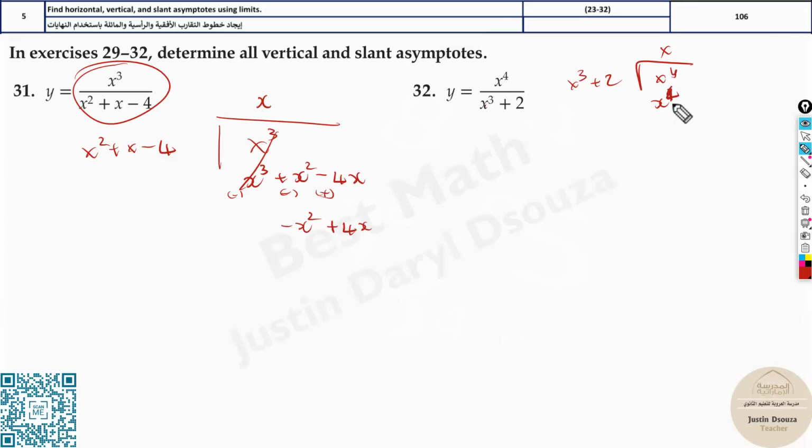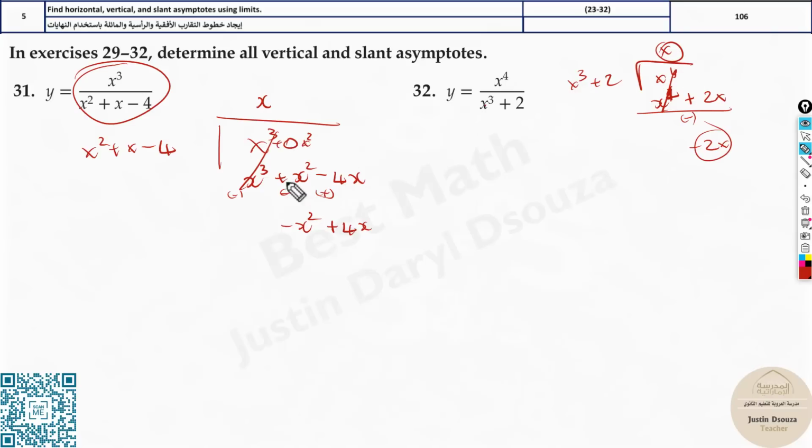Sorry, x power 4 here. And then the other thing will be just 2x. Now there will be zeros in the middle. Ignore those zeros. It will be 2x, right? When you solve it, this cancels. You will have minus 2x. Look here, the degree over here is more than the denominator. This is a remainder. You leave it as it is. But here, sadly, when you solve it up, this is 0, right?